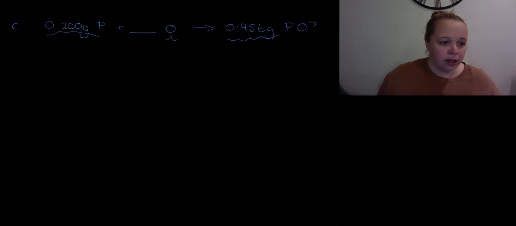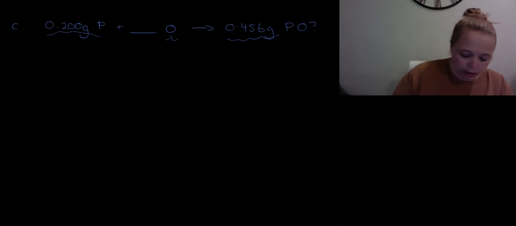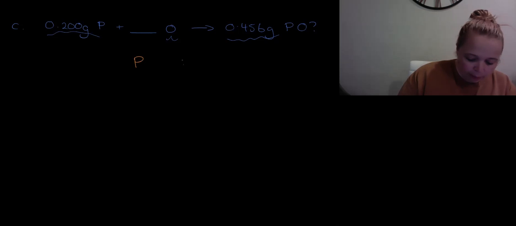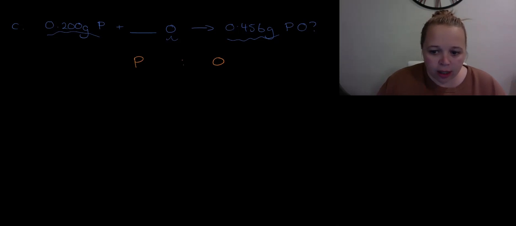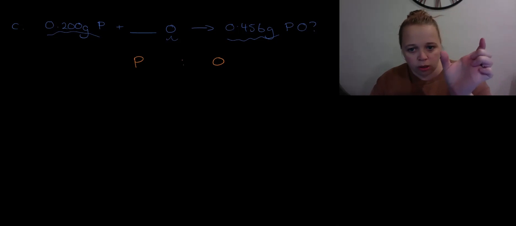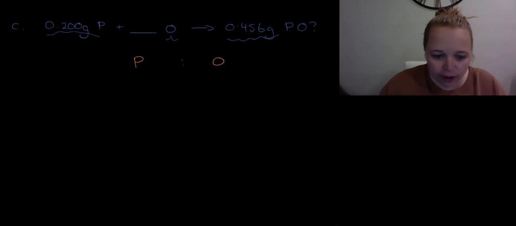So before we start, the very first thing we have to do is figure out the masses of our two elements. Our two elements are P and O, phosphorus and oxygen. We've got 0.200 grams of phosphorus, and we're going to end up with 0.456.